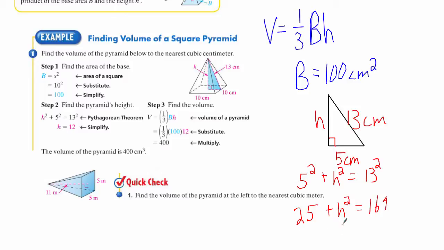Subtracting 25 from both sides of the equation, and applying the square root. To undo that h squared, we would apply a square root to both sides of the equation. The squared and square root cancel, and we just find that h equals the square root of 144, so 12.